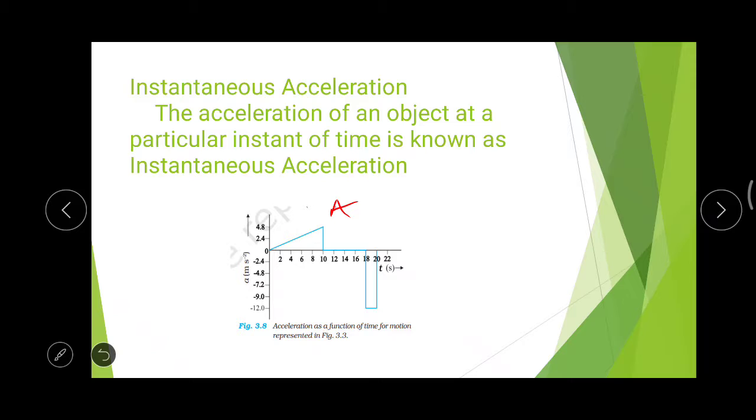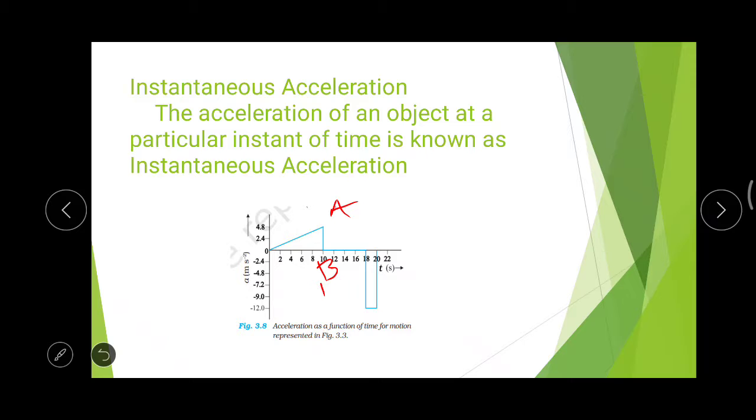So you can say uniformly accelerated motion is happening between O and A. Between A and B, suppose this point is B, the acceleration value suddenly drops to 0, isn't it?